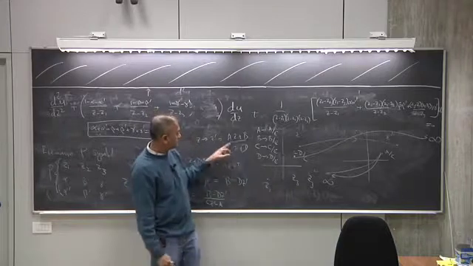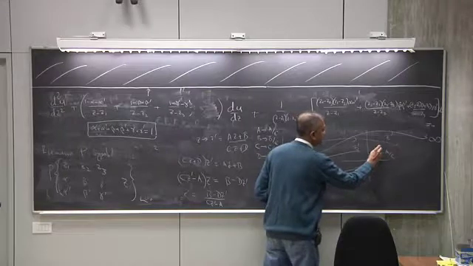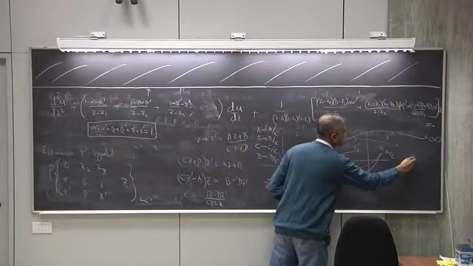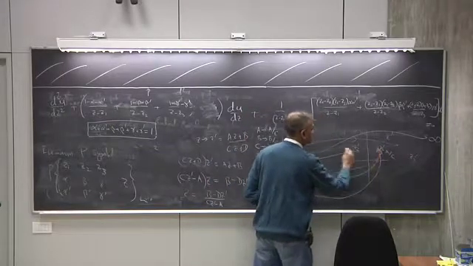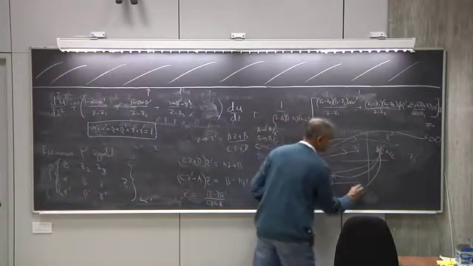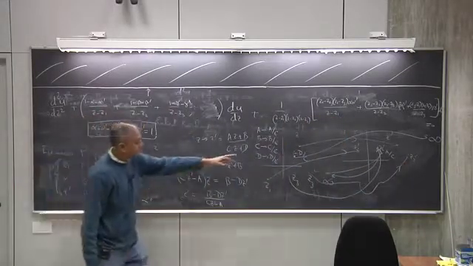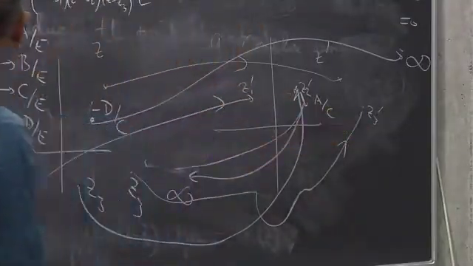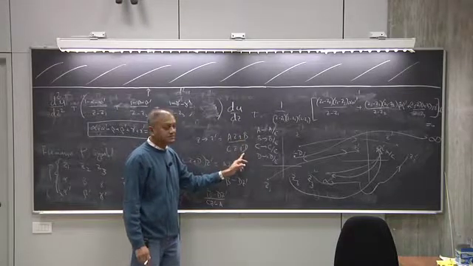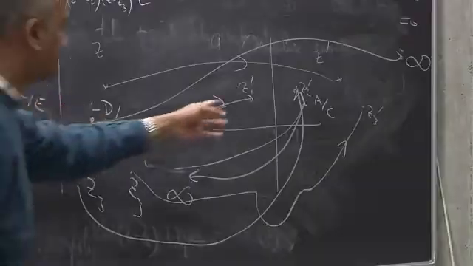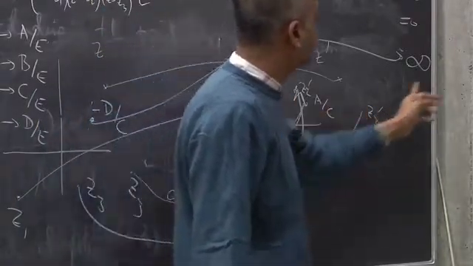Now under this map, each of these points will go to some points here, Z1 prime, Z2 prime, and Z3 prime. Precisely what these points are will depend obviously on the choice of A, B, C, D. I can choose A, B, C, D conveniently in such a way that, for example, I set Z1 prime equal to 0, Z2 prime equal to 1, and Z3 prime infinity.